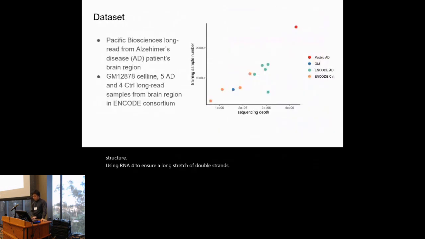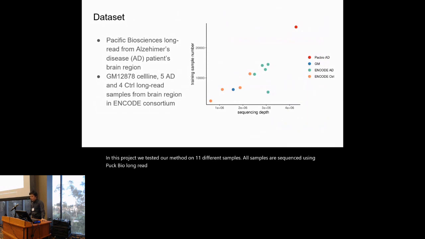In this project, we tested our method on 11 different samples. All samples are sequenced using the PacBio long-read RNA sequencing protocol. One sample is from an Alzheimer's disease patient brain region, generated by Pacific Biosciences.